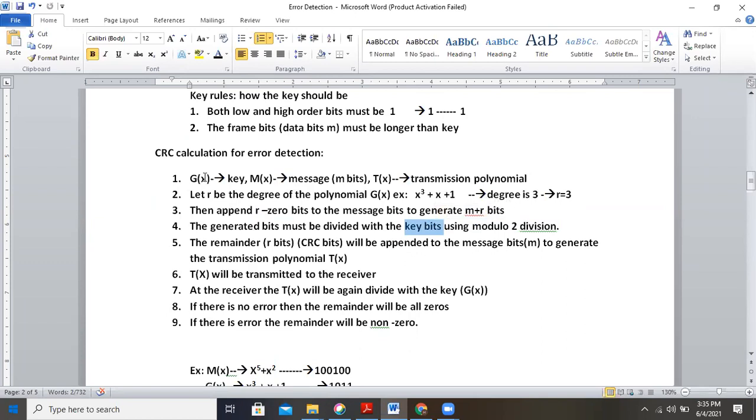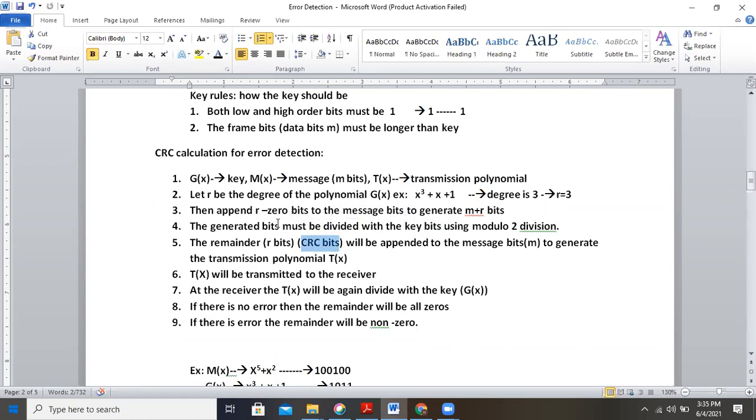Whatever the generator key is, we use the key bits and perform the division. When you perform the division, finally you will get some remainder. The remainder will be of R bits. These R bits we take as CRC, cyclic redundancy check bits.